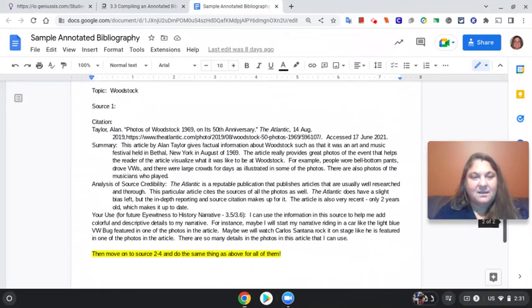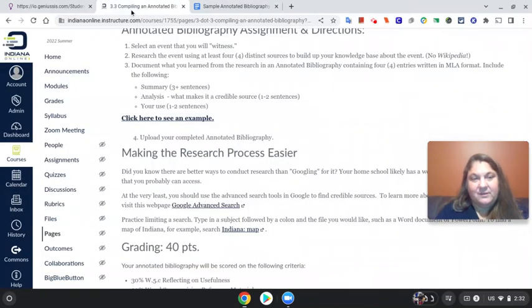Then you're going to do this for 4 sources total. This whole process, 4 times for 4 different sources. This is only one, so that's why I call this a partial annotated bibliography. This whole process, learning about that event, is going to help you then write 3.5.